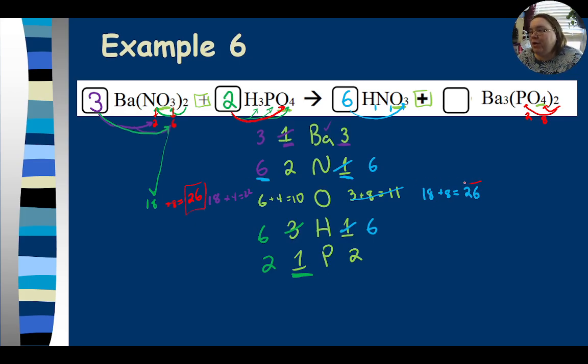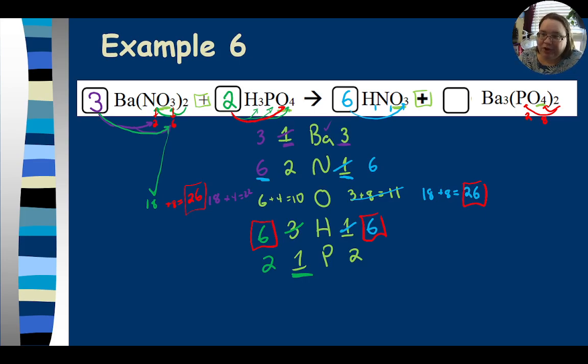Notice my O's match. They fix themselves in the process of us fixing other elements. My H's match. They fix themselves. They don't always both fix themselves in the process of balancing, but frequently one of them will. That's why we saved them till the end.